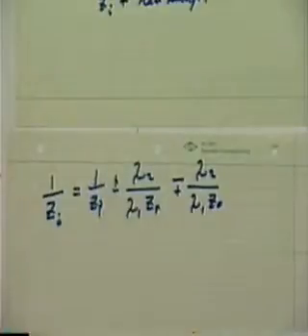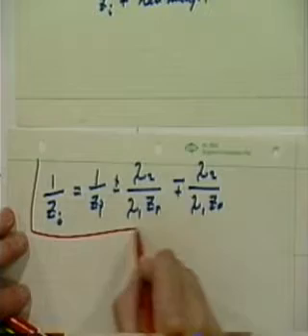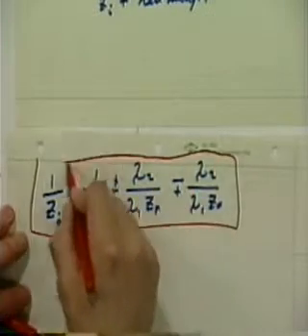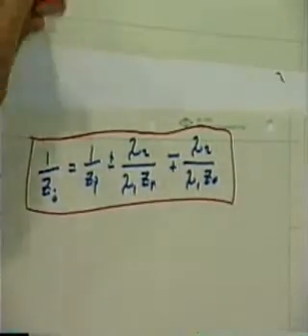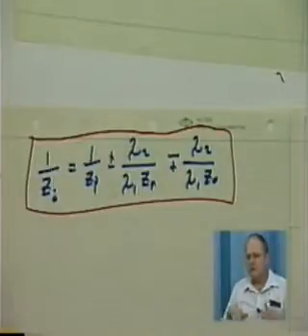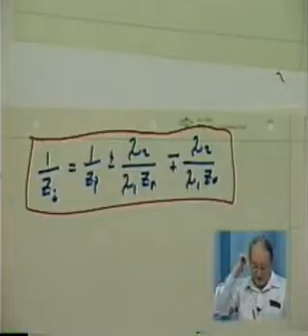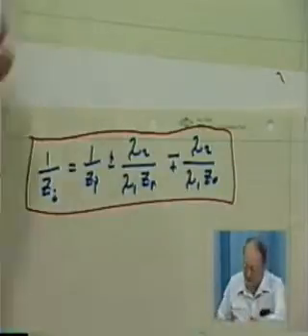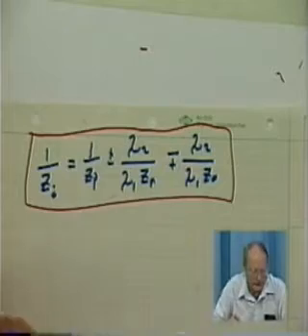Draw a box around that. I don't expect you to memorize that equation at all. And if we go back and think about zone plates, it's the same result as what we got for zone plates. A hologram is nothing but a collection of zone plates.